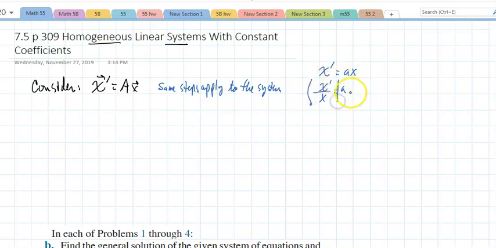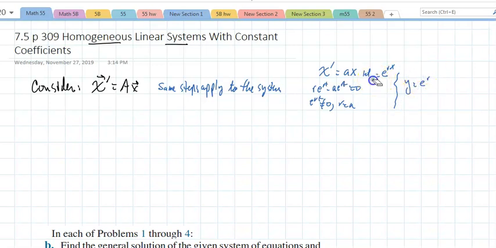And if you integrate, or even faster, let y equal e to the rx, and that would be r e to the rt minus a e to the rt equals 0. E to the rt cannot equal 0, so r has to equal a.